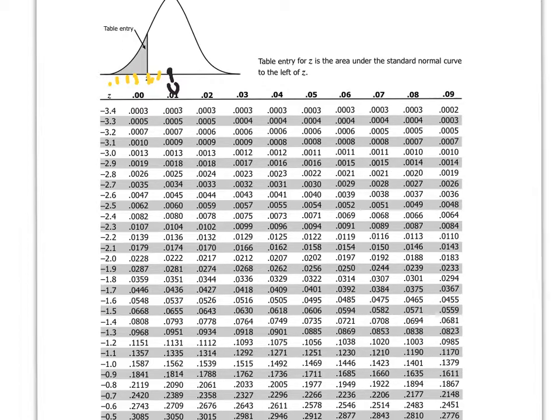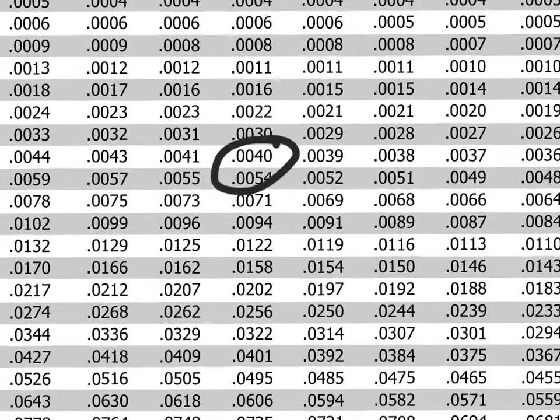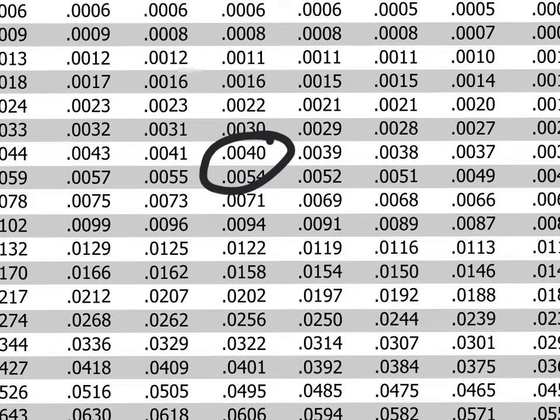And notice the area that we're talking about. It's to the left. See the area to the left? Look at every single one of these values here. 0.0040. That stood for 0.4%.